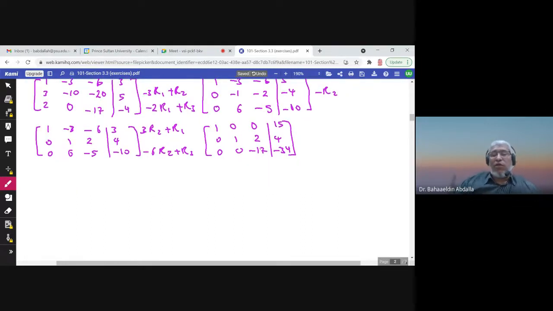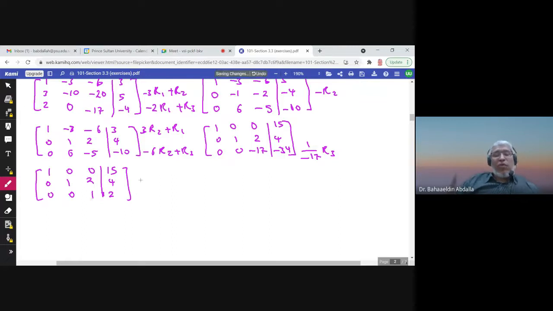So now negative 17 has to be 1. Negative 34 over negative 17 is just 2.